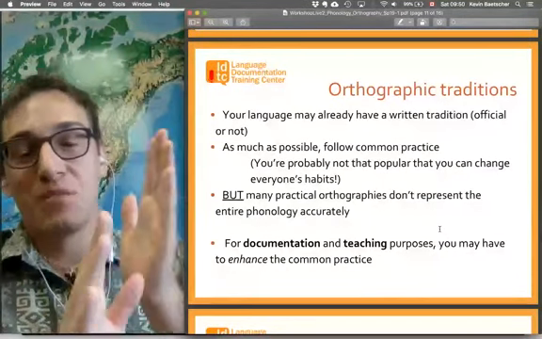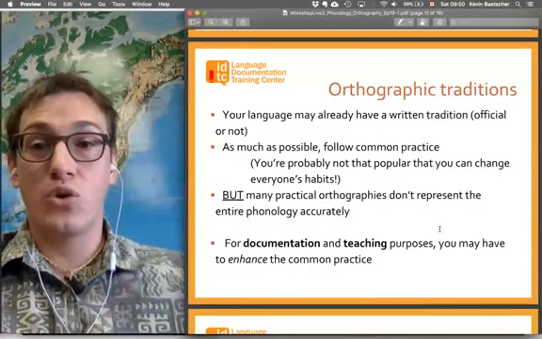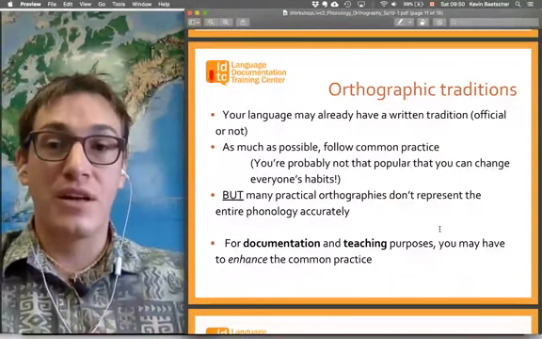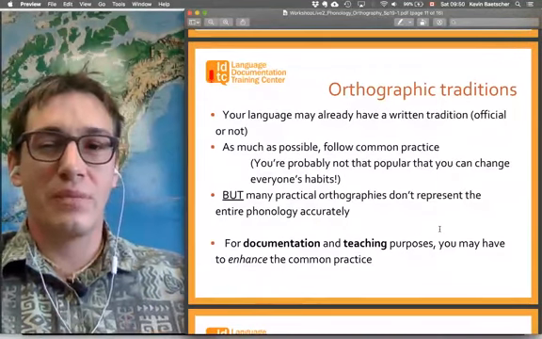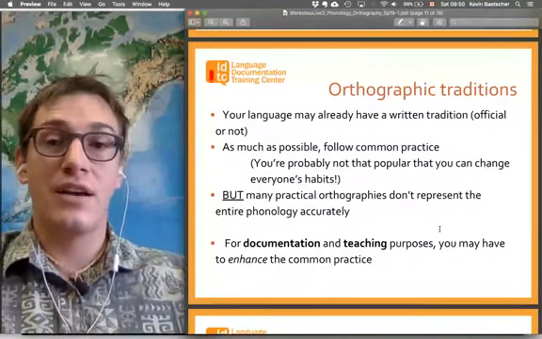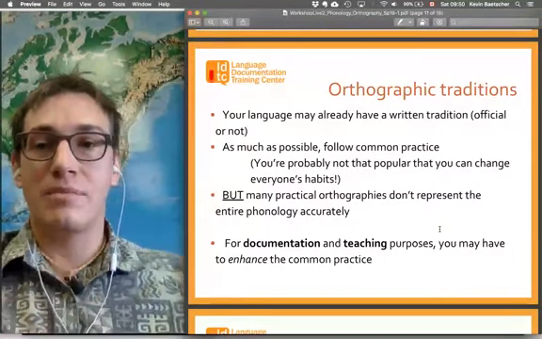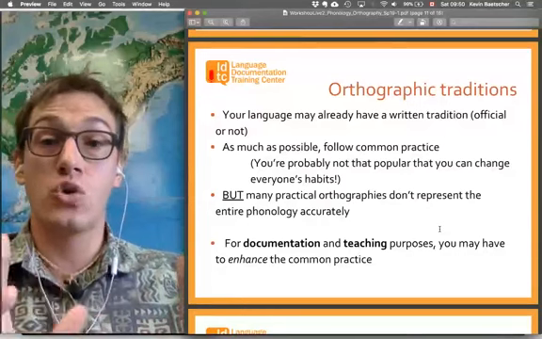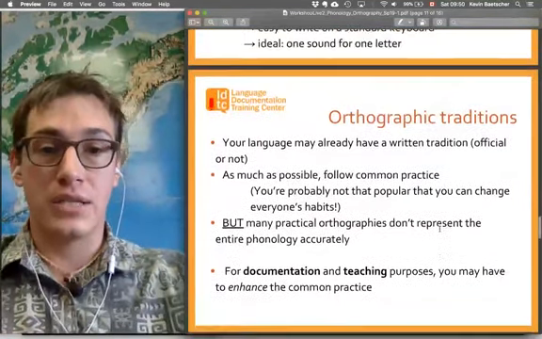But you want to be aware of what people are doing and follow that as closely as possible, but where it lacks certain distinctions, where it's not entirely complete, you may want to enhance it, maybe by using some accent marks or whatever, just to have a complete documentation and for teaching purposes.